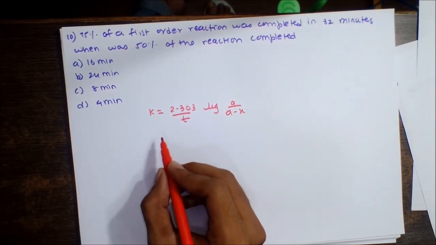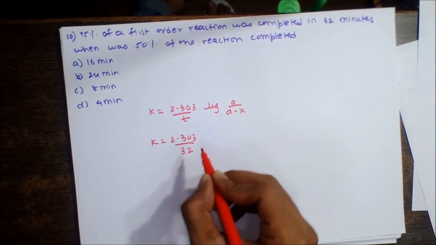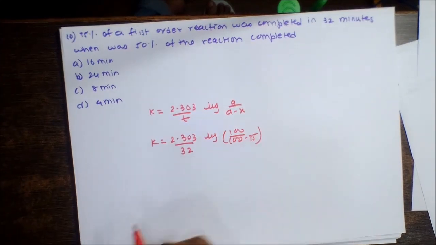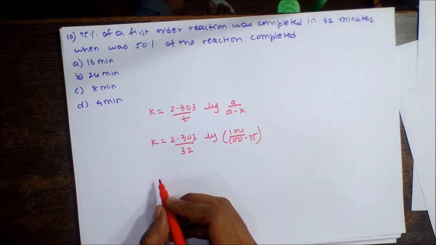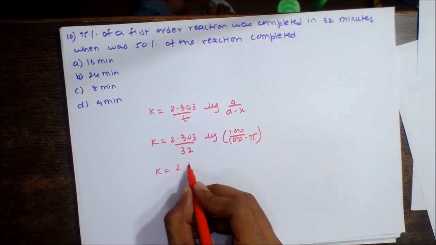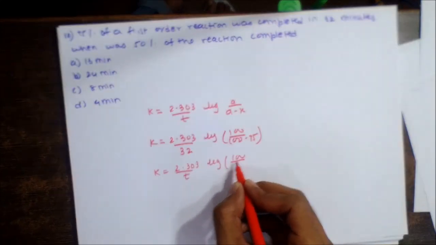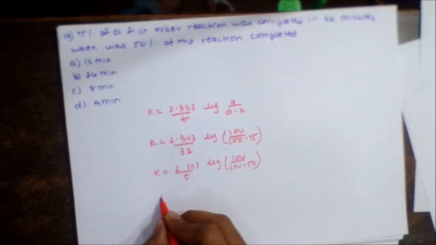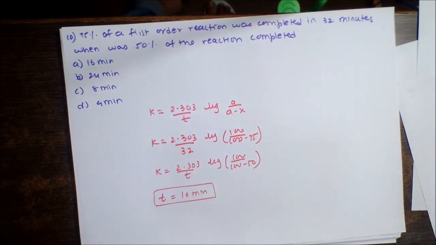Therefore, I can say K equals 2.303 upon 32 log 100 upon 100 minus 75. In the second case, 50% of the reaction was completed and time is what we are supposed to find. So K equals 2.303 upon T log 100 upon 100 minus 50. On dividing both the equations and solving them, you get T equals 16 minutes.